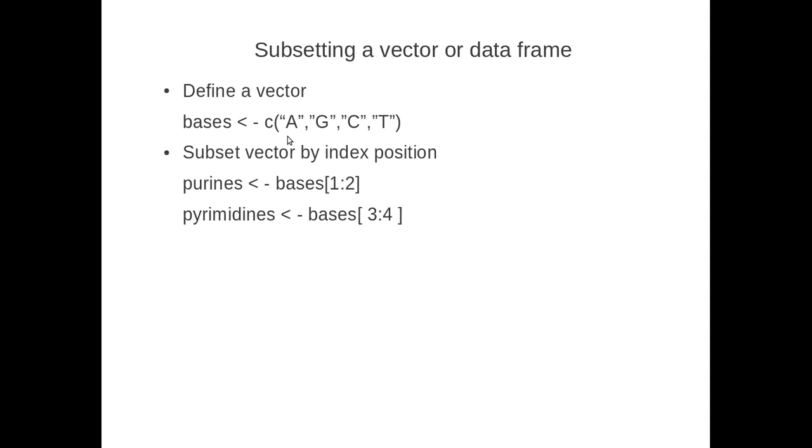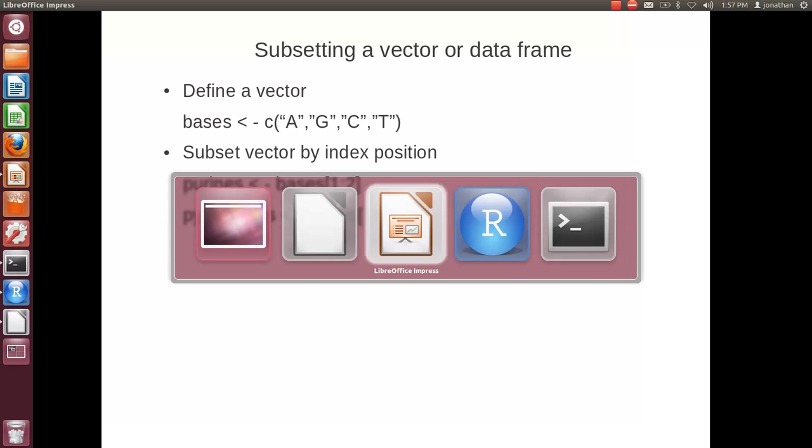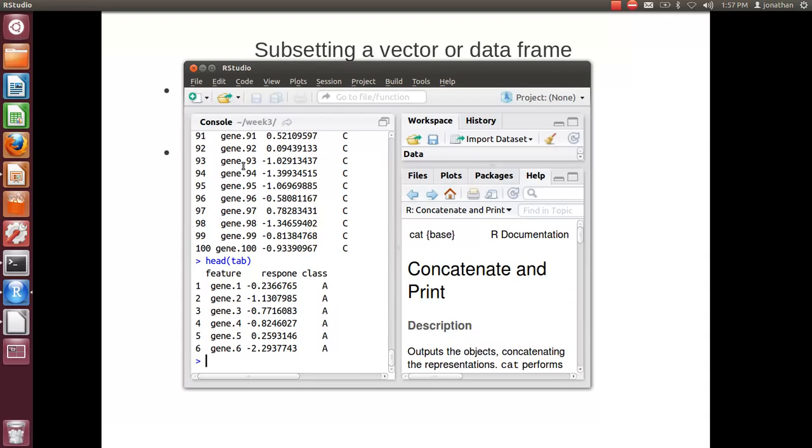In R, vectors are 1 based, or 1 indexed. That means that the first position of the vector is a 1, not a 0. So if we want to extract positions 1 and 2, we can specify a vector 1, 2, and that would return a subsetted vector.